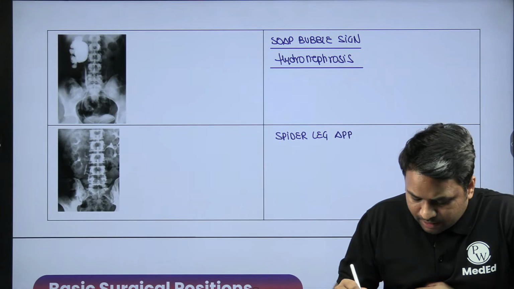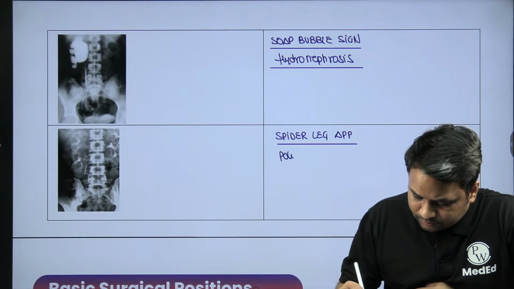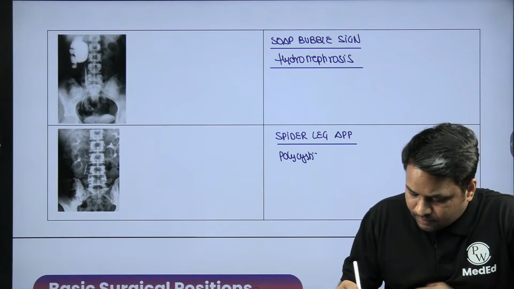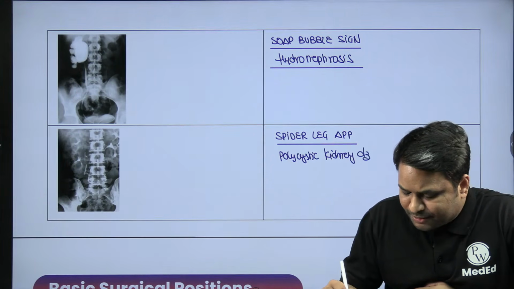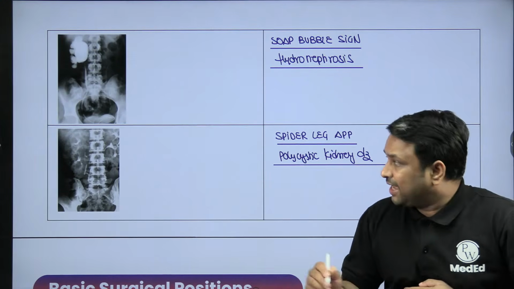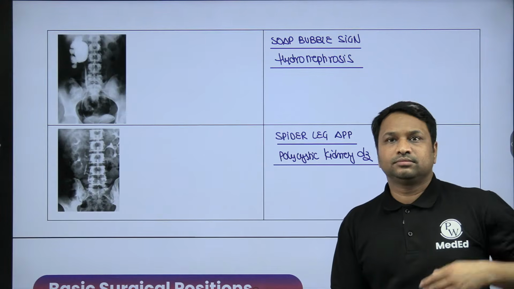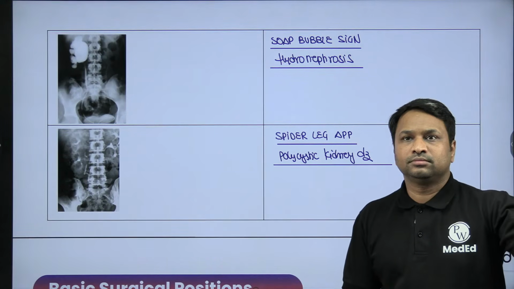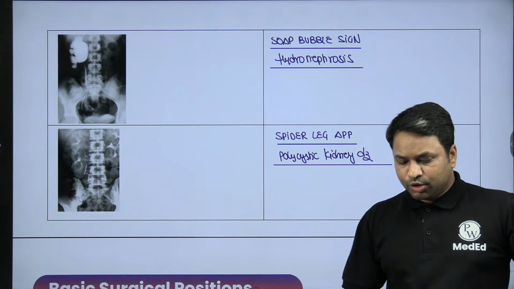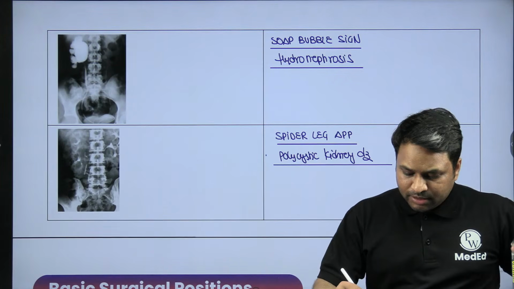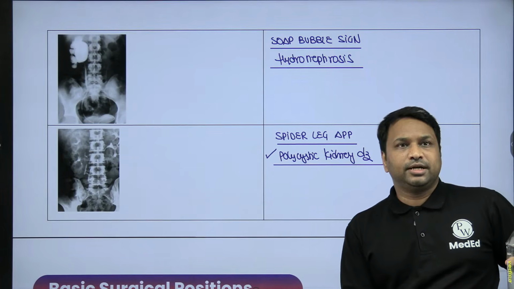Now, the spider leg appearance is seen in polycystic kidney disease. In spider leg, basically, you can see thinning of the calyces, so, thin calyx. Okay. So the spider leg appearance is seen in polycystic kidney disease.